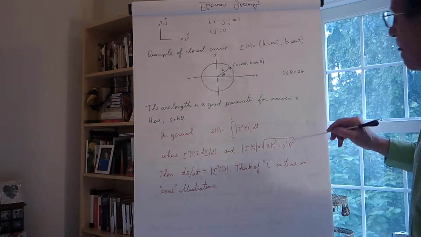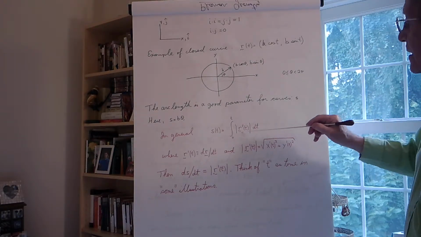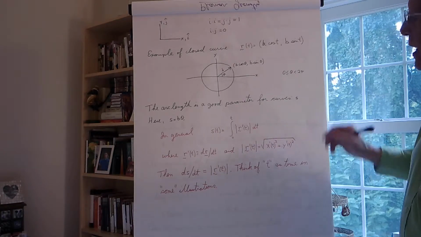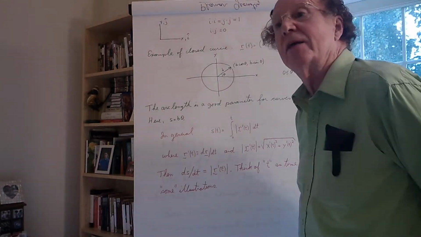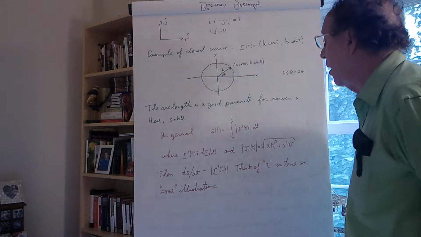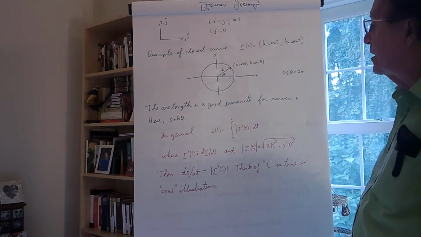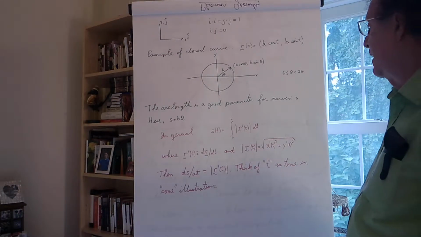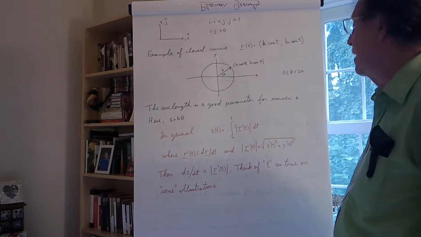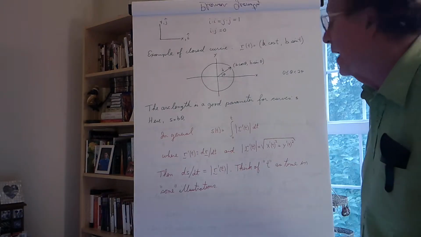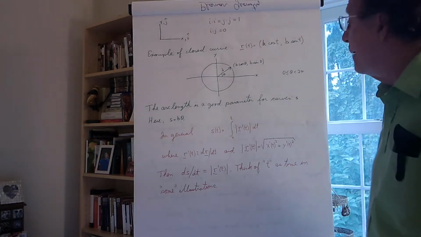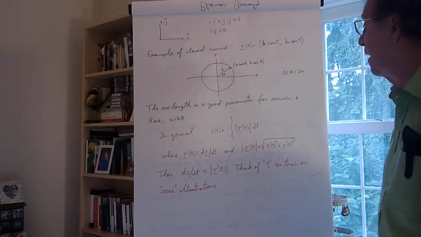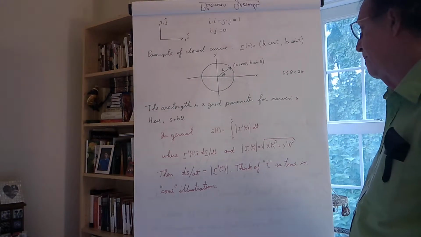As you see, the dt canceling the dt in r prime means I'm just adding up the magnitudes of dr as I move along the circle. And that's the arc length. Easy to compute in the case of a circle, harder in other cases, but it's an awfully good parameter because it tells me where I sit on a general curve.